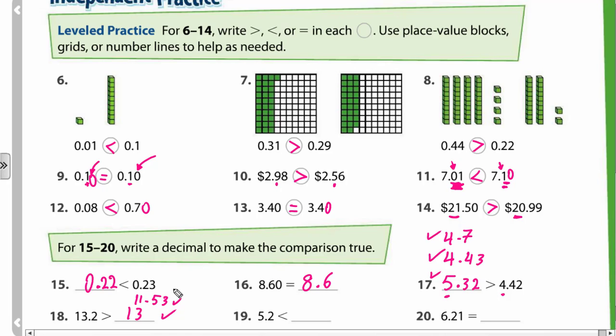You can give more than one correct answer. And here I need a number greater than 5.2. What about 5.28? It's correct. What about 5.4? It's also correct. For the next question, you have only one solution, 6.21. You cannot change it.